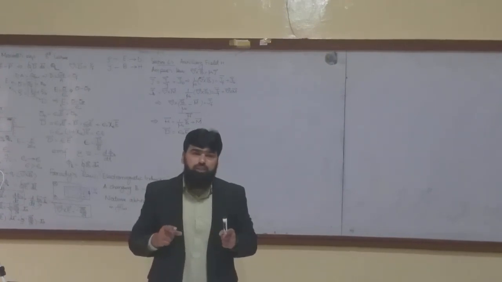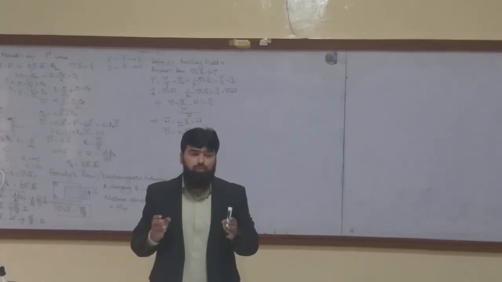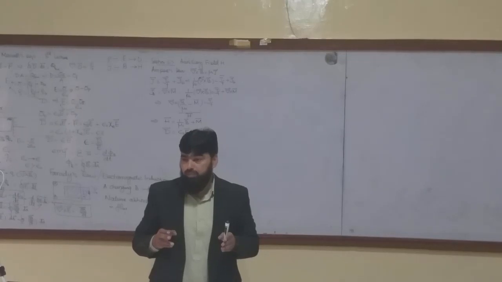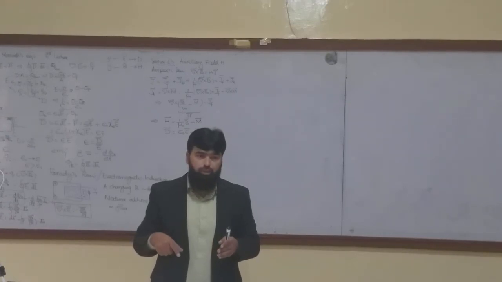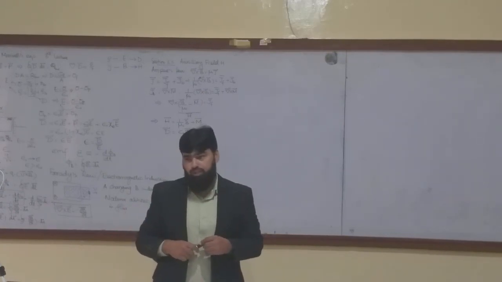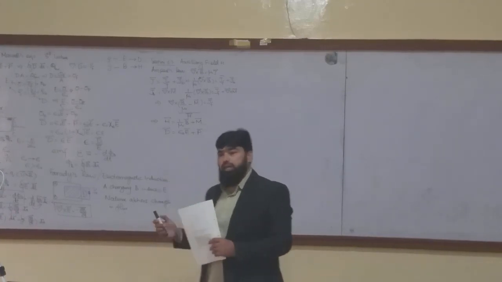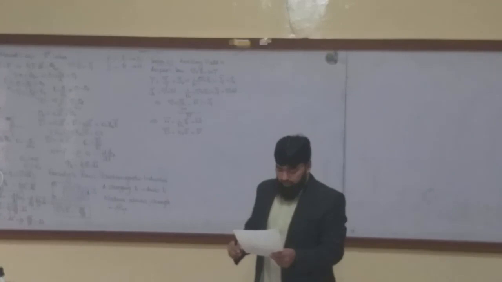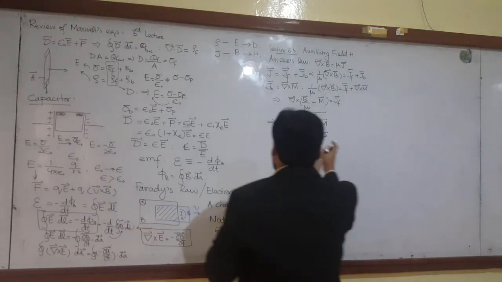So inside the material, B will not be the right representation of the magnetic field. It will be H. Inside the material, the right magnetic field we will call H. Out of the material, it will be B. Clear?